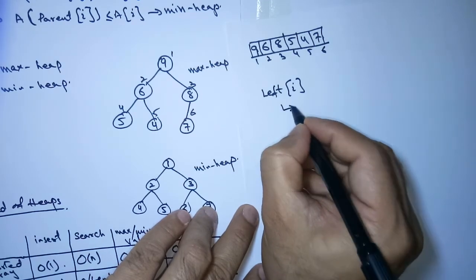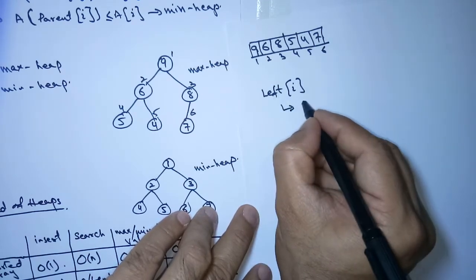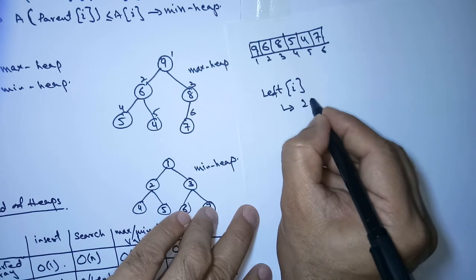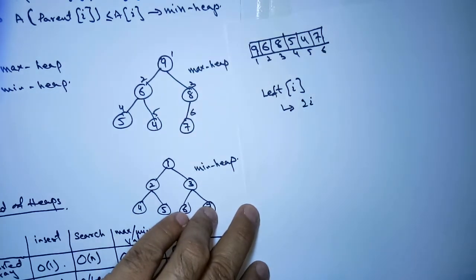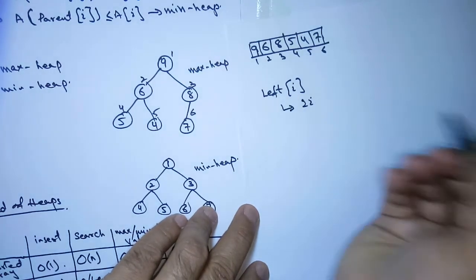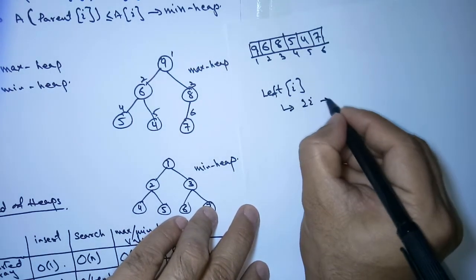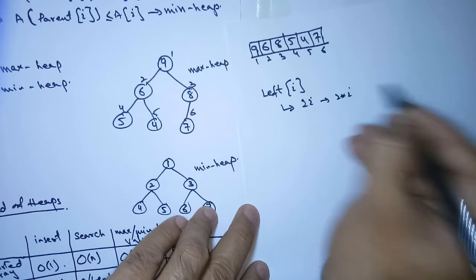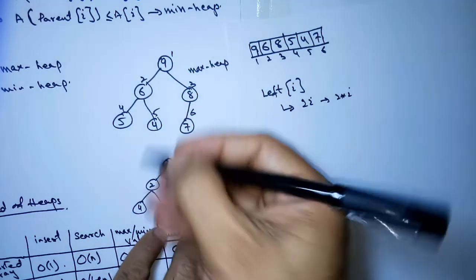How can we find the left of i? That is nothing but 2i, right? So simply multiply i by 2 and you will get the left child.